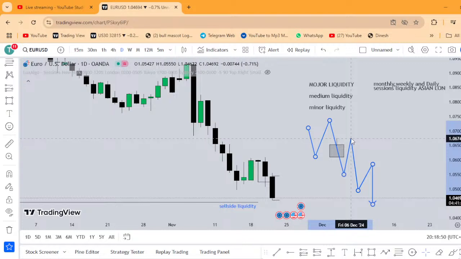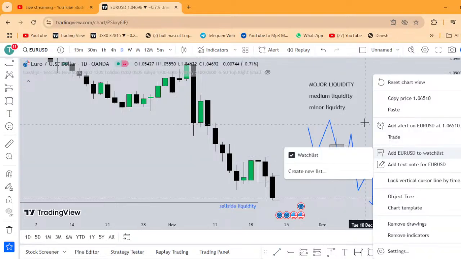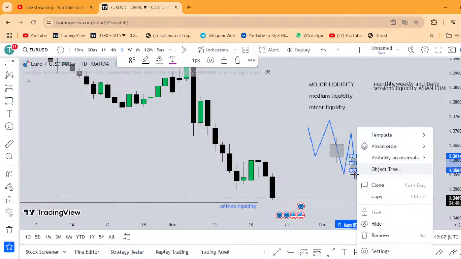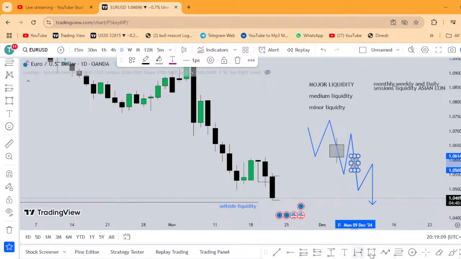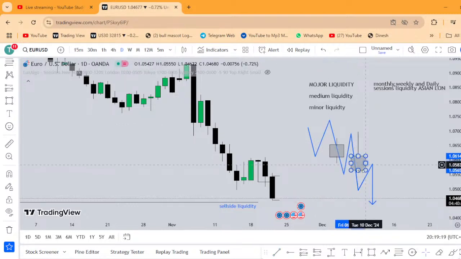So if price is going to sell, it means that it has to take the previous day's high for us to use the liquidity model to sell. So price has got to do something like this. Price has got to rally up, sweep this liquidity before it can give you any reason to go short or to sell.